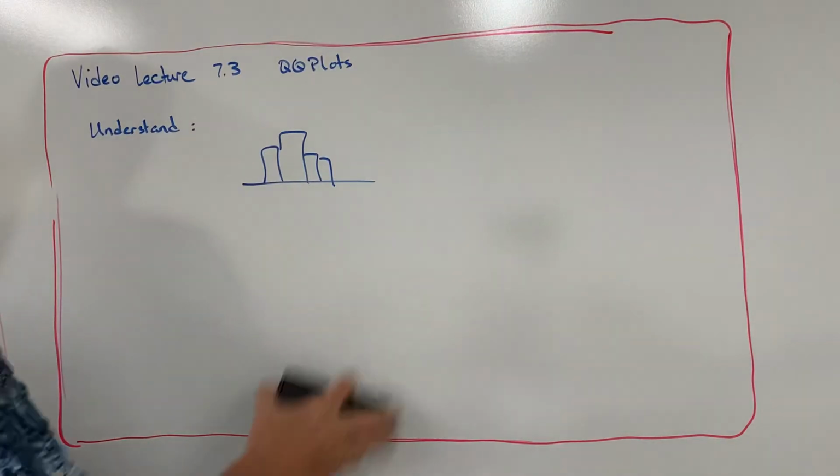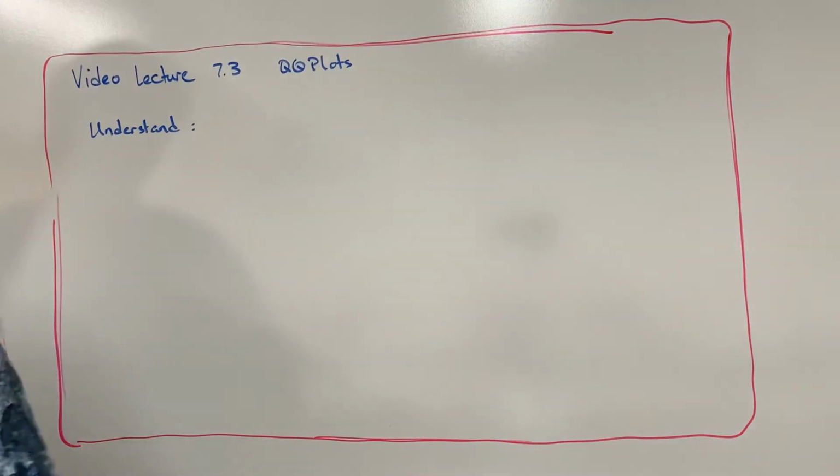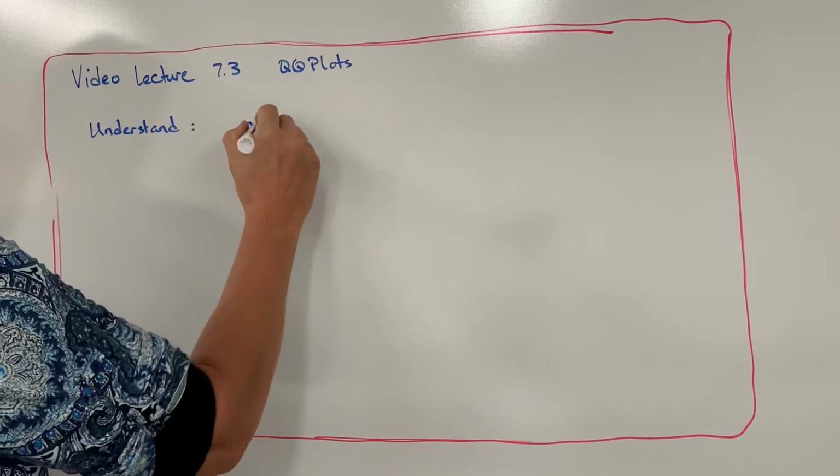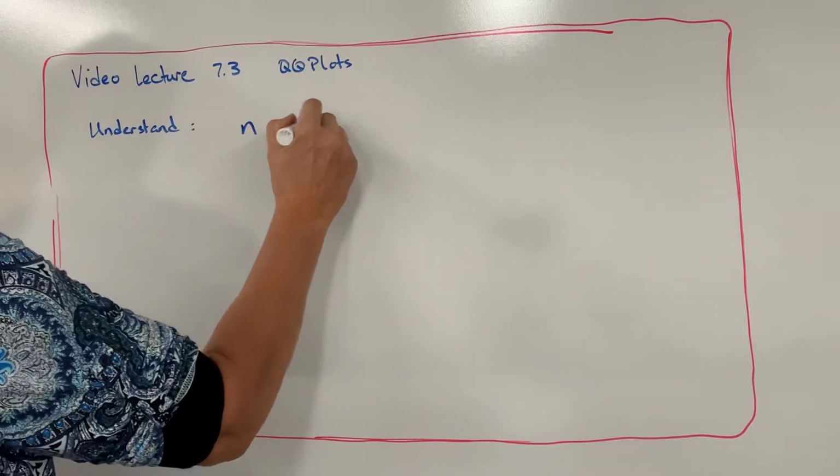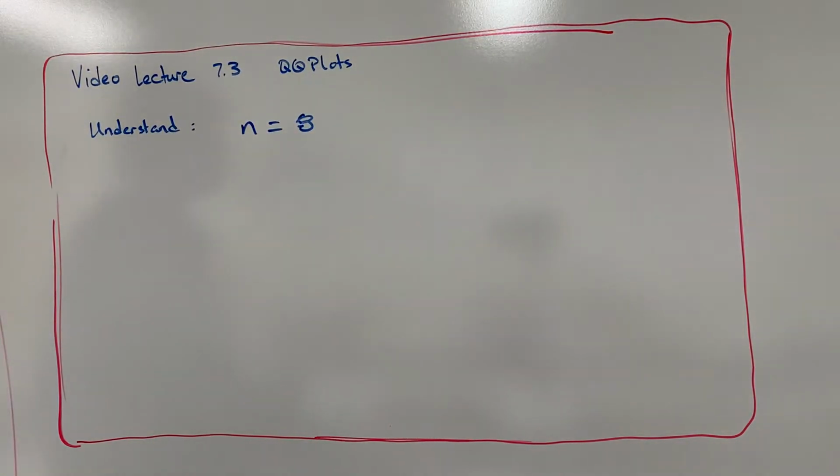The bottom line is that if we have a small number of samples, like if our N is 8, or 5, then it's really hard to plot that and determine the shape. So we need a different test in order to prove that the data came from a normal distribution.